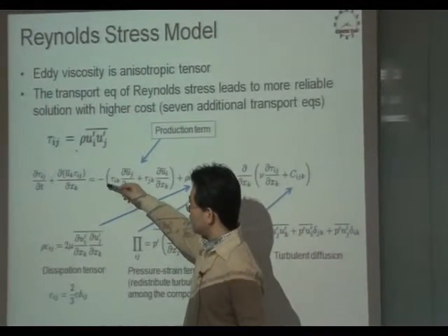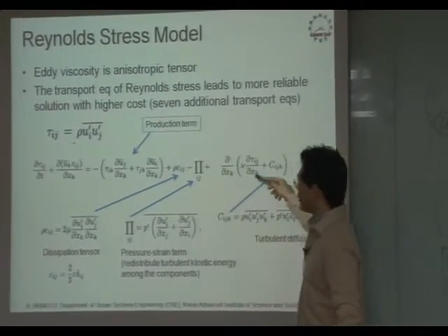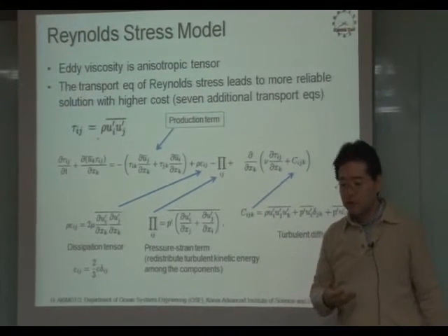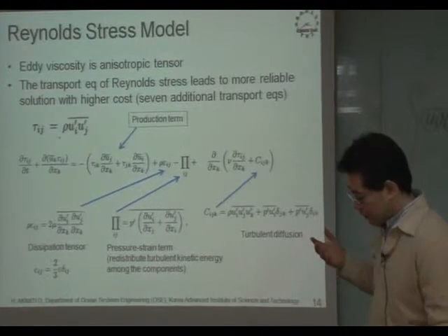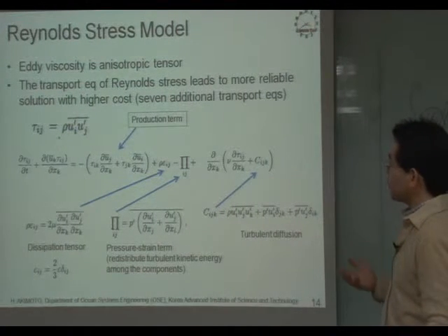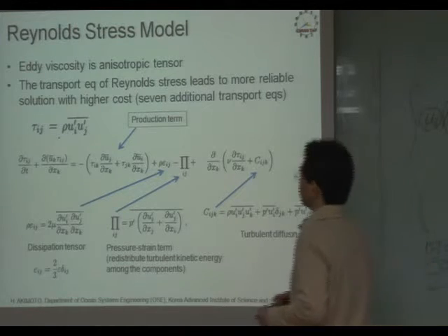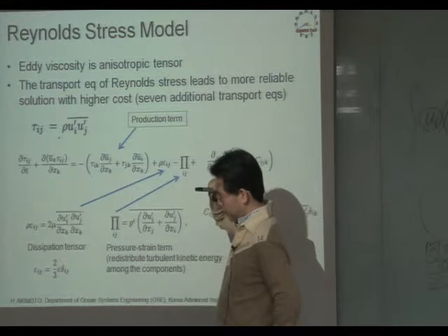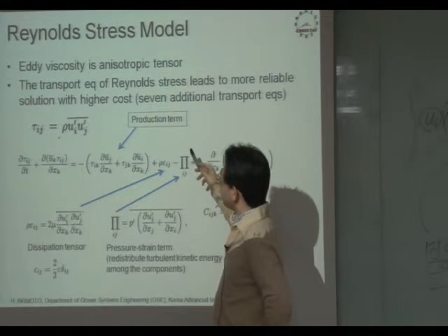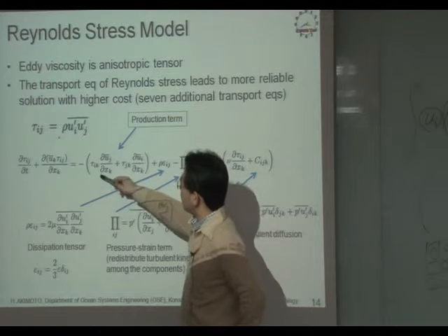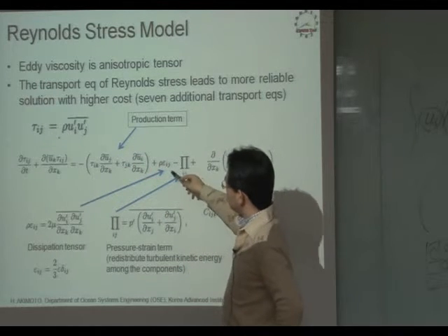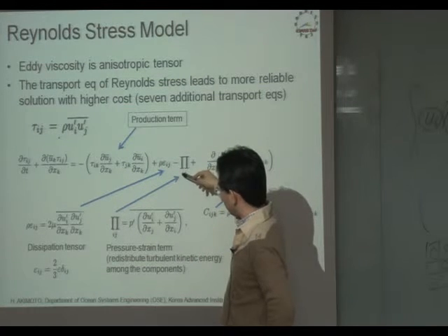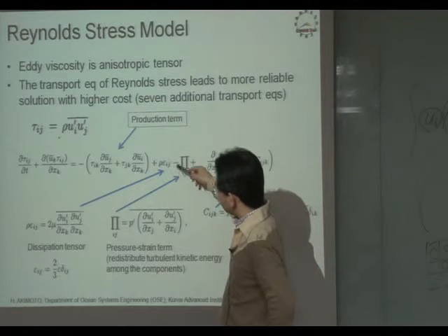So the equation is written very simply, but this contains six transport equations. As in the equations of k and epsilon and omega, this also has production terms here and dissipation terms here, and this is a new term.